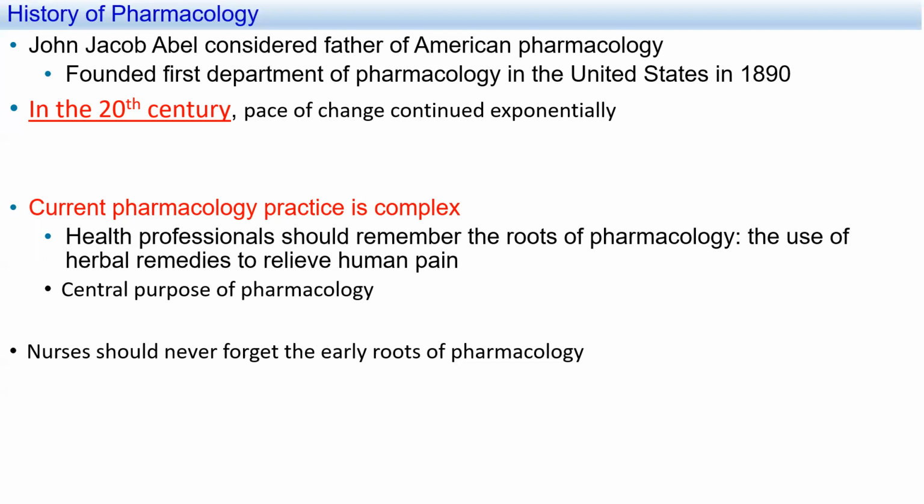The current pharmacology practice is very complex, in which health professionals, including nurses, have to remember all the roots of pharmacology. They have to understand all the medications given to the patient, the names, the mechanisms of action, and the signs and symptoms of the adverse effects of each and every drug administered to the patient.